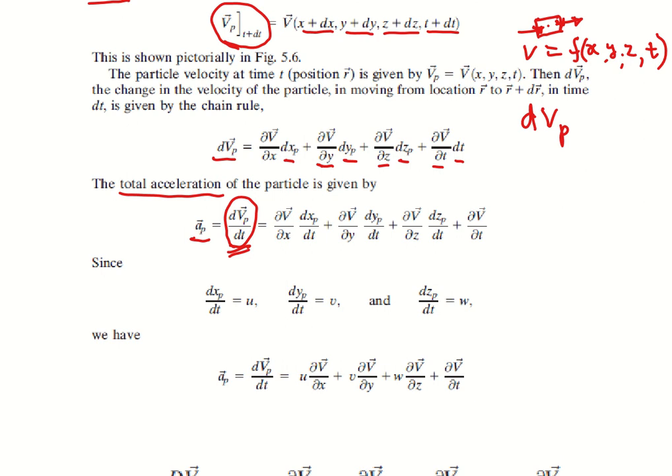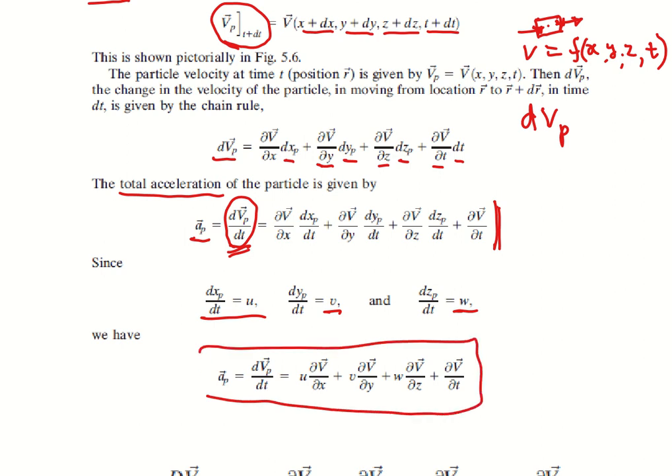What is dx over dt? dx over dt is nothing but the u velocity, means velocity in x direction. dy over dt is the velocity in y direction, and dz over dt is the velocity in z direction. So when we substitute the values of u, v, w by using this definition in this equation, this equation is reduced to this term.